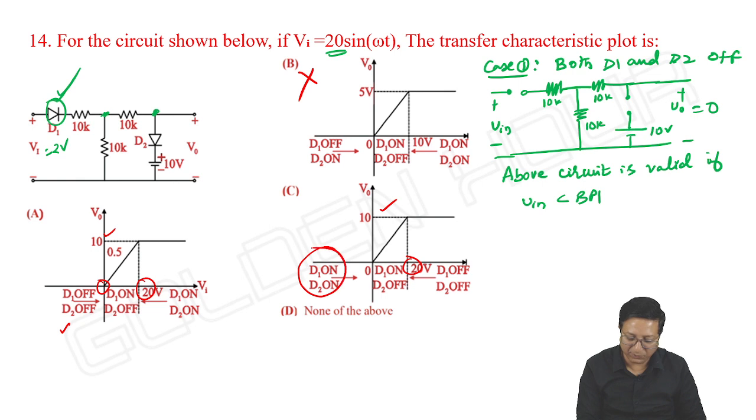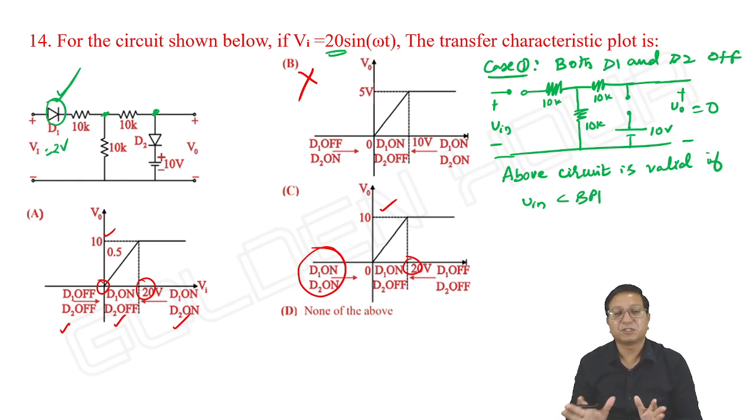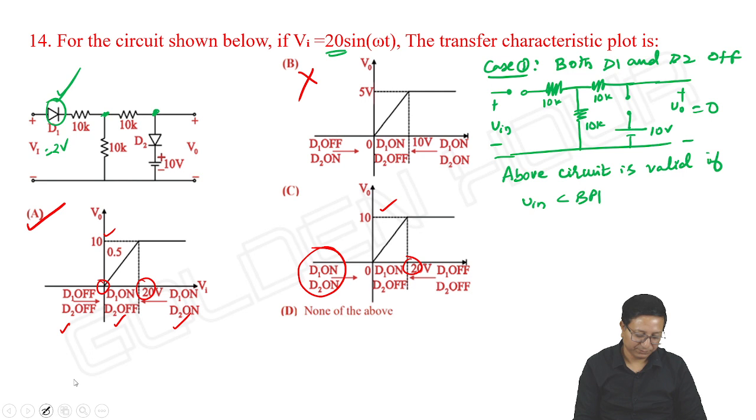In option C, D1, D2 on is wrong. Next, from 0 to 20 volts, D1 on, D2 off. Correct. After 20 volts, both D1, D2 on. Correct. So option A is correct. Transfer characteristics look the same, but looking at the status of the diodes, option C cannot be taken. Option A is matching properly. So this is how we can do this problem.